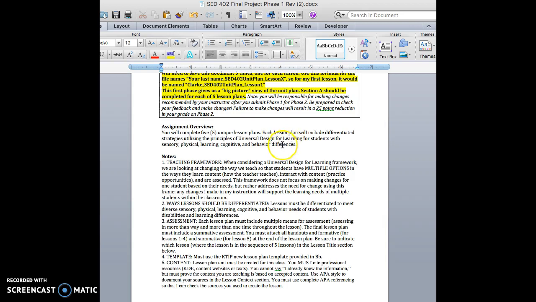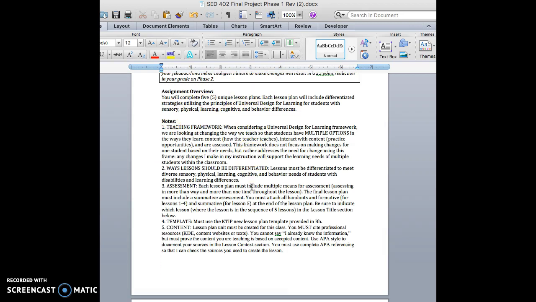So to be able to do that, you're going to need to use the documents that we have been using in class, those first few classes, the lesson plan handbook, and also the IDEA definitions. I'll go ahead and post some additional information that kind of breaks down these areas for you to give you a little bit more information.